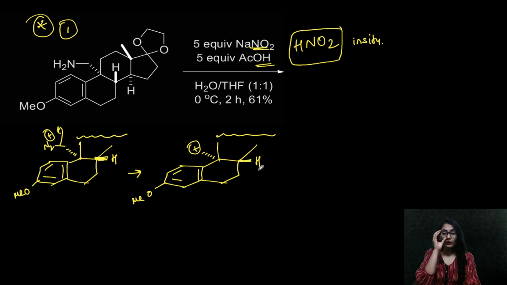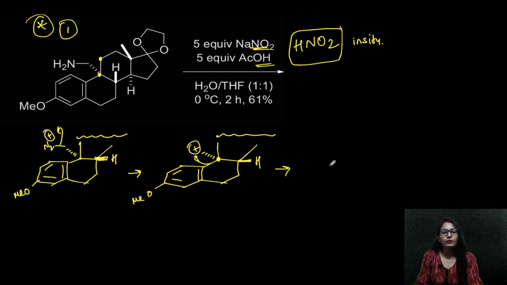So further, now we are going to talk about the rearrangement, that who is going to migrate. Here comes the migrating aptitude. So guys, this carbon over here and this carbon over here, there is competition between these two carbons. So definitely the benzylic carbon is more electron rich, and right over here it is going to migrate.